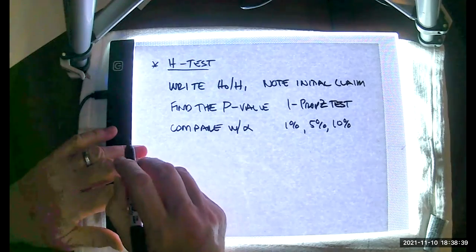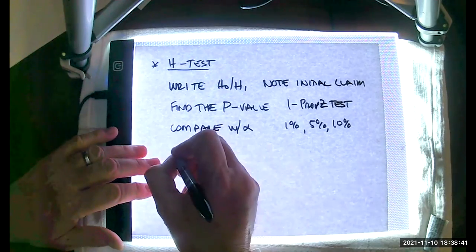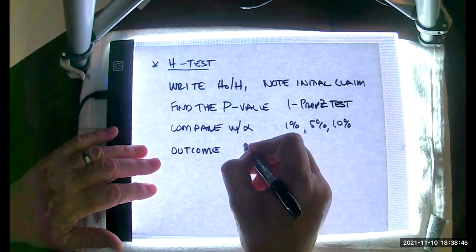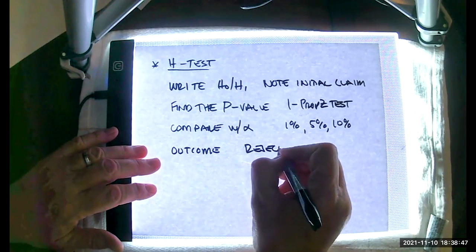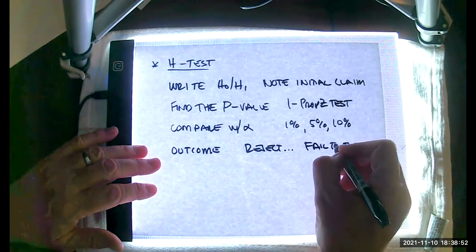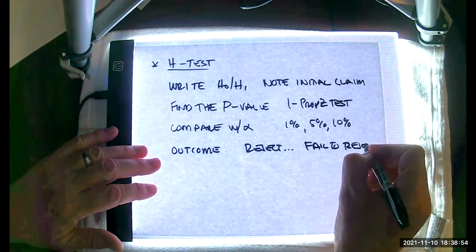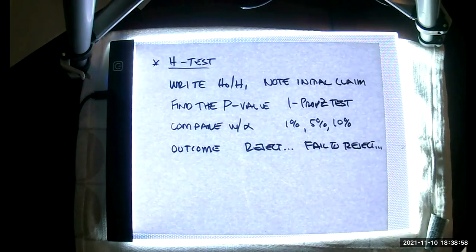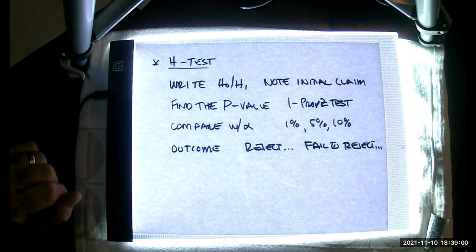Once I've compared my p-value with alpha, I can determine the outcome. And that's where we use reject and fail to reject. Whether it's whatever the null hypothesis happens to be.